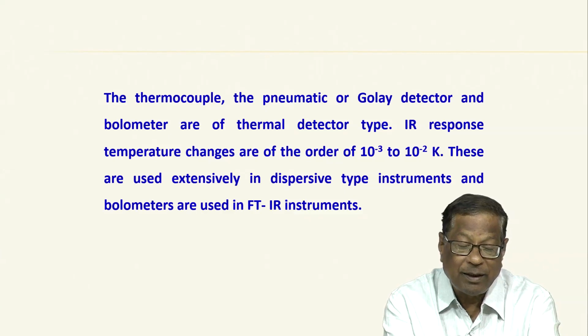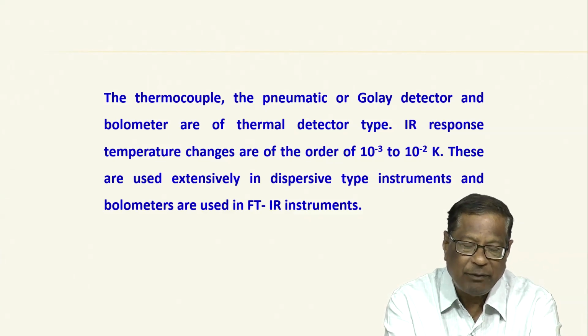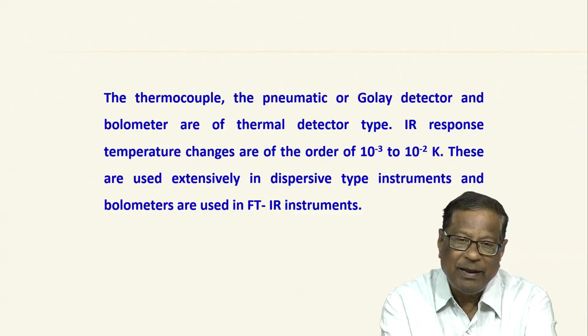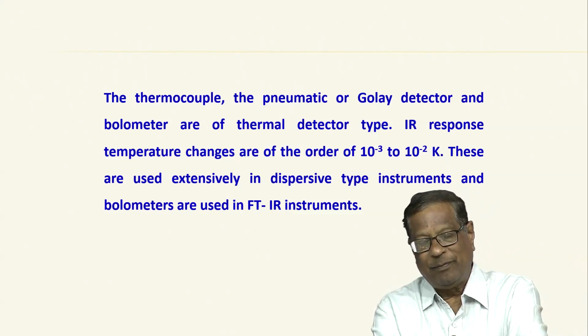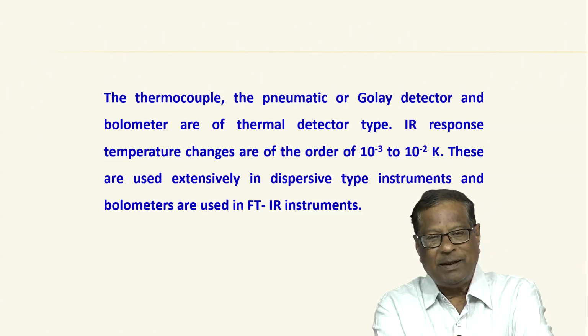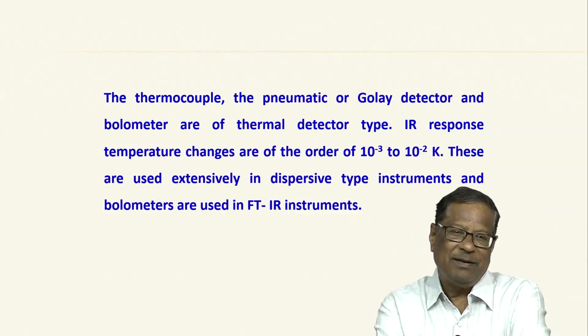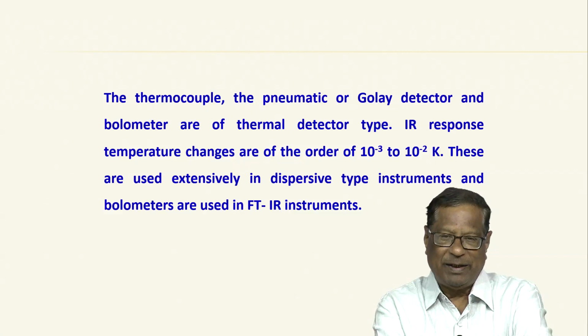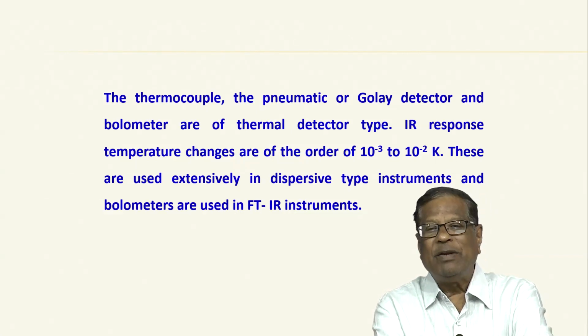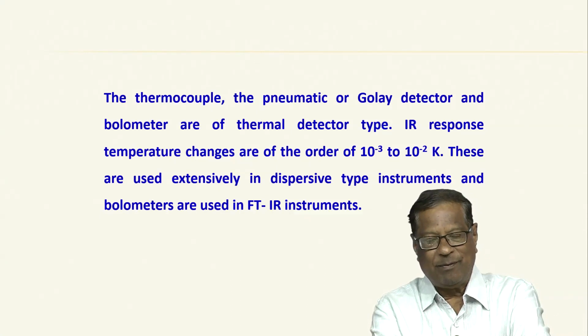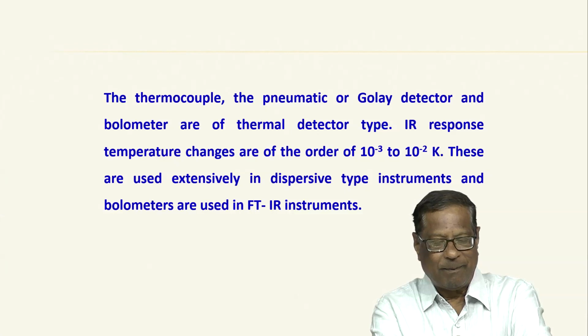So, the thermocouple is another way of measuring the heat changes that occur in the infrared spectrum of the incident radiation as well as absorbed radiation. Absorbed radiation will have less heat output compared to the unabsorbed 100% transmittance.